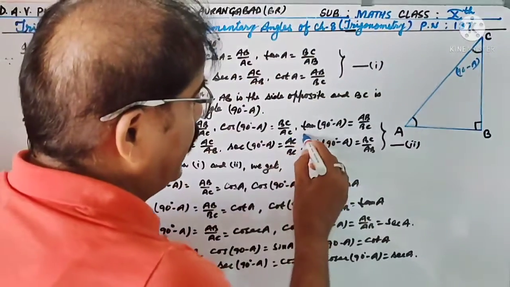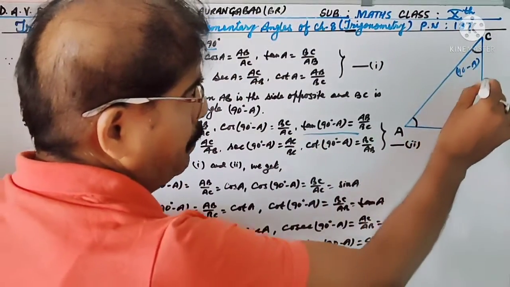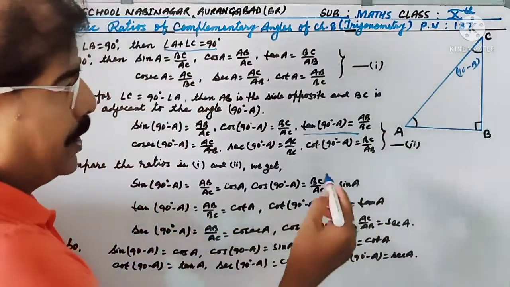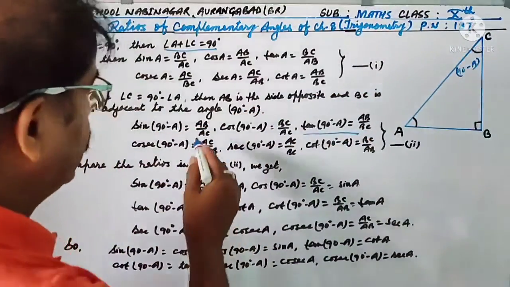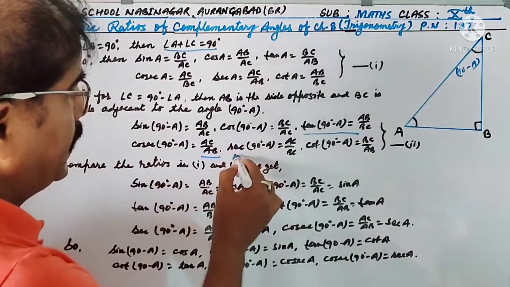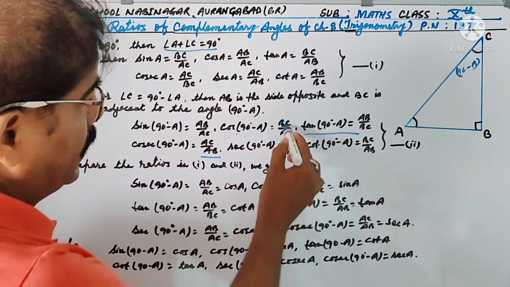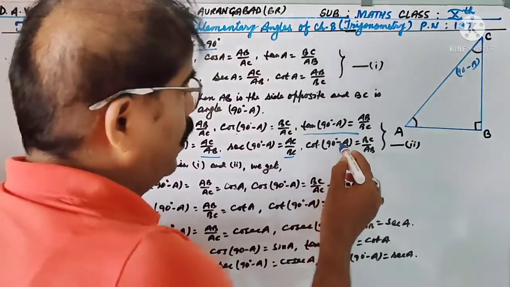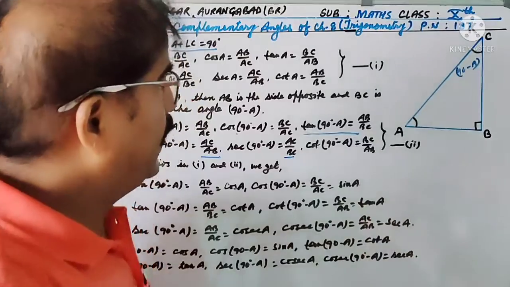Tan 90 minus A equals P by B, that means AB by BC. Cosec 90 minus A equals the reciprocal of sin 90 minus A, that means AC by AB. Sec 90 minus A equals the reciprocal of cos 90 minus A, that means AC by BC. And cot 90 minus A equals the reciprocal of tan, that means BC by AB.